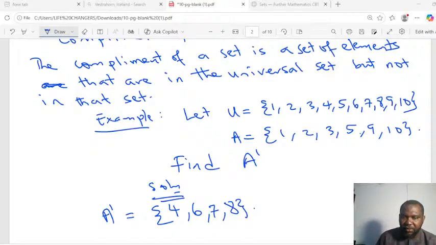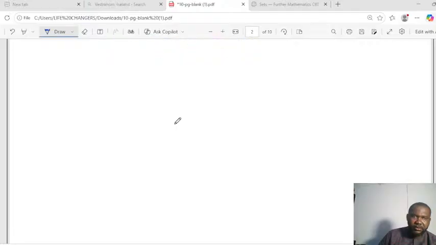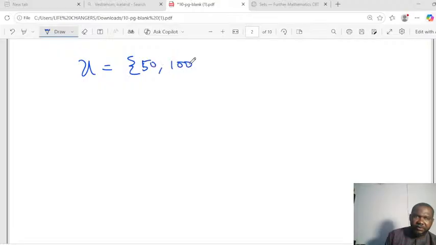So I'm going to give you one to try now. Look at this. Let's say the universal set is equal to 50, 100, 150, 200, 250, and a set P is equal to 100 and 200.